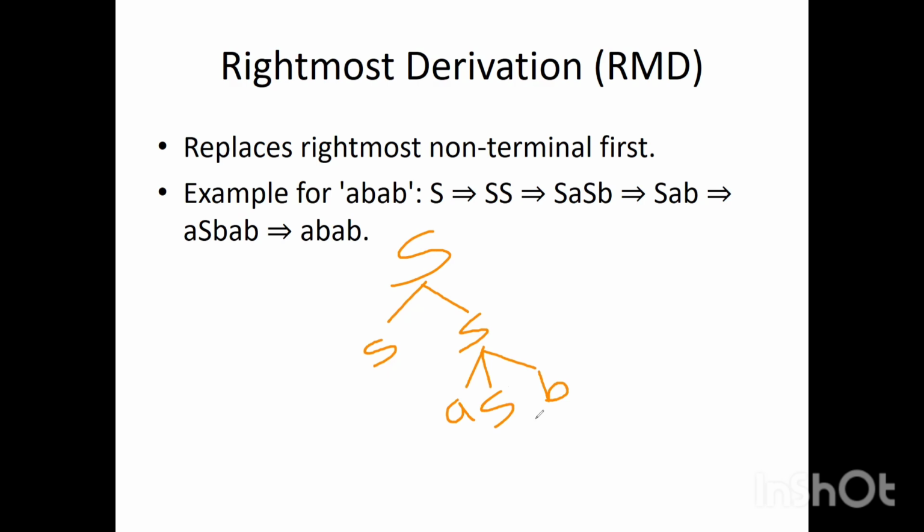So we can see that for this example, we will have two rightmost derivations. First one I explained to you previously in the second slide, and now here in this slide, the derivation is different. Okay, no problem. You can use this also to prove that the grammar has ambiguity.